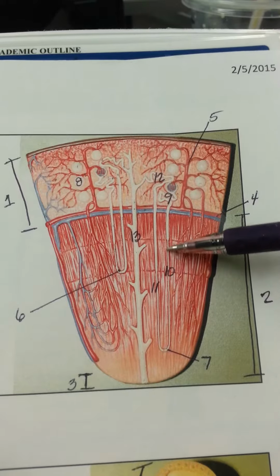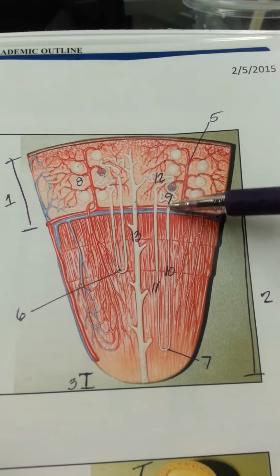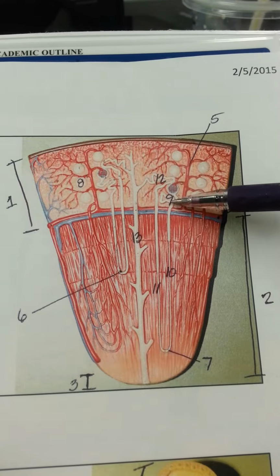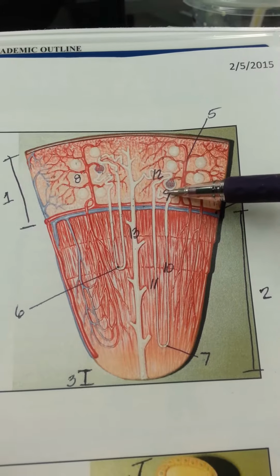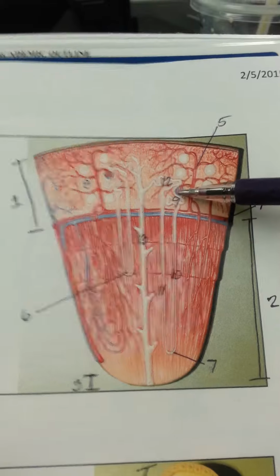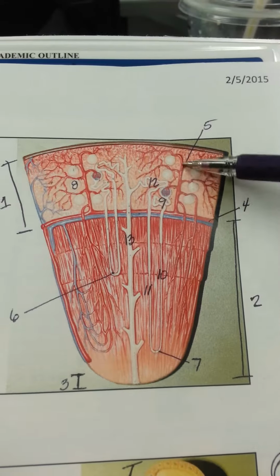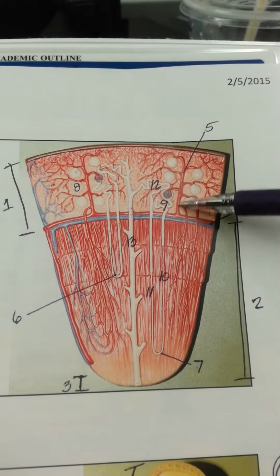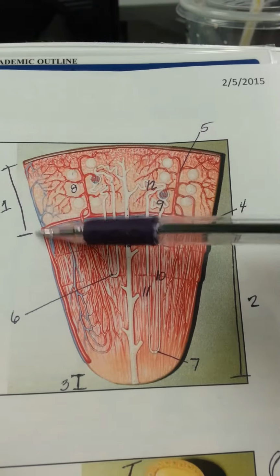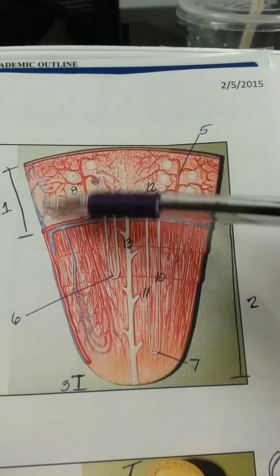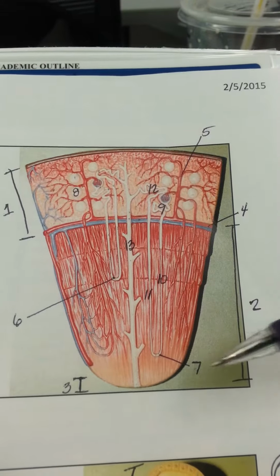This is the descending loop of Henle, and this is the proximal convoluted tubule right here, and then this is the renal corpuscle. And these again are the cortical radiate arteries and veins up here. Arteries are red, veins are blue.